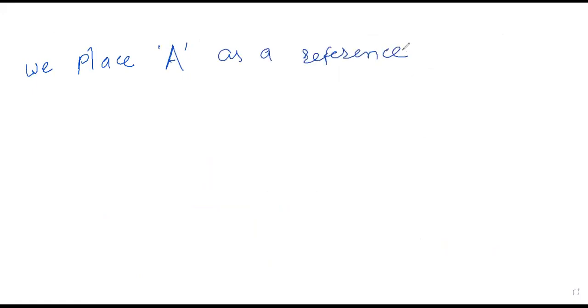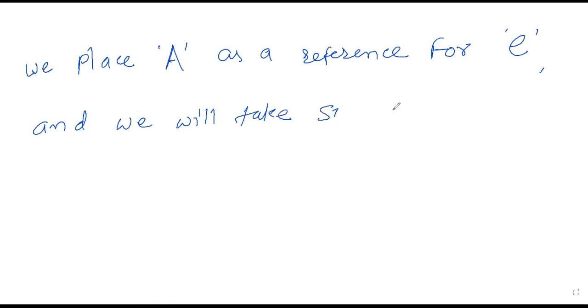So right now, we place point A as a reference for E, the shear center, and we will take the sum of moments about point A. Okay, if you are taking the moment about point A, then FW1, FF1 and FF2 are passing through A. Is it correct?